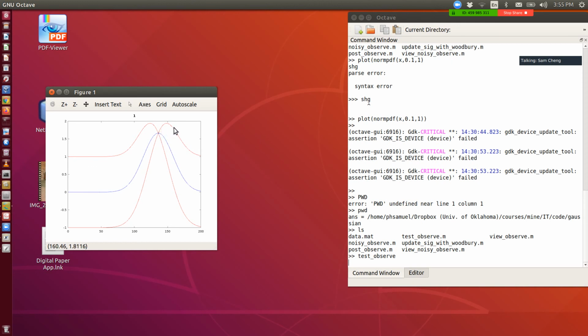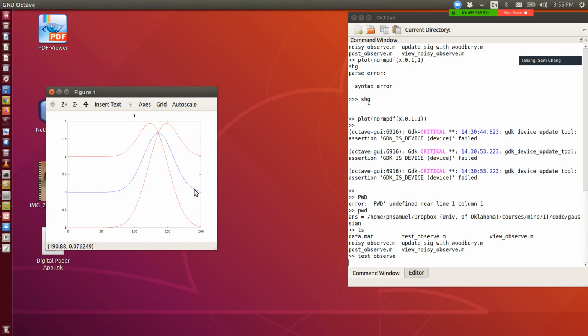Again, this is showing the variance. The blue curve is the mean, and this is the variance.